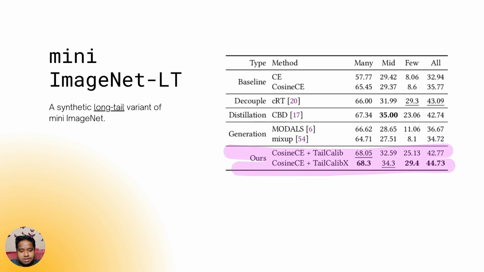On mini ImageNet LT dataset, tailcalib X outperforms all previous work. As compared to the cosine CE baseline, not only does it improve the accuracy for tail classes by over 20%, we also see performance improvements for both the middle classes and head classes as well. Surprisingly, CBD performs worse than the classifier retraining, that is CRT. Hence, we omit evaluation of tail calibration as applied to a backbone trained with CBD.